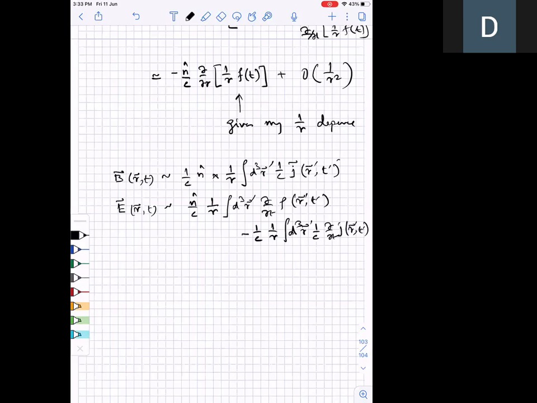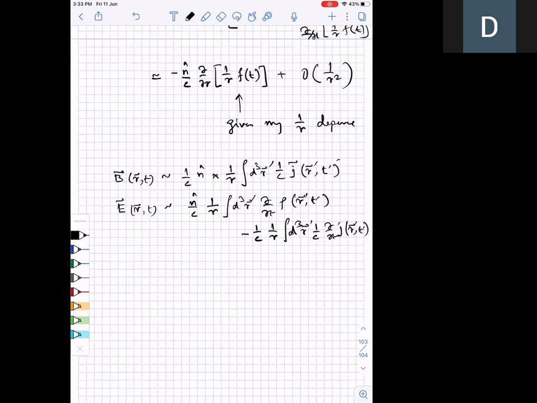So this last term over here, which has two terms for this E, I can basically combine into one term, because it has a del T of rho and it has a J. And so what we can do is use local charge conservation.